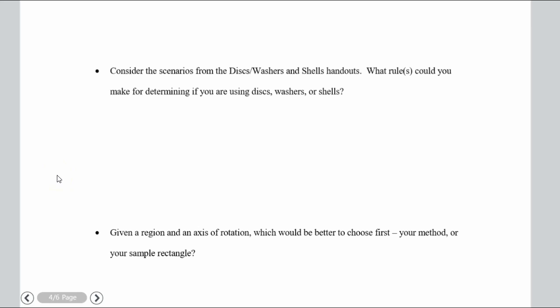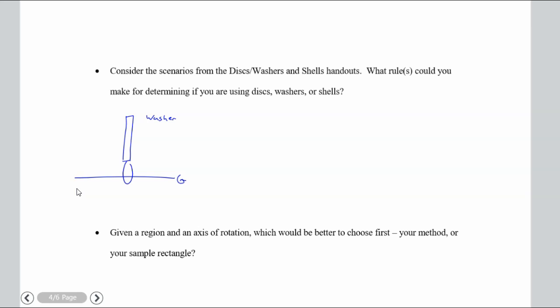All right, so if you've thought about it, a rule that you could use for discs, washers, or shells is basically looking at the rectangle you draw, right? So if I draw a rectangle and it is perpendicular to my axis of rotation, I know I'm going to be using washers in that case.